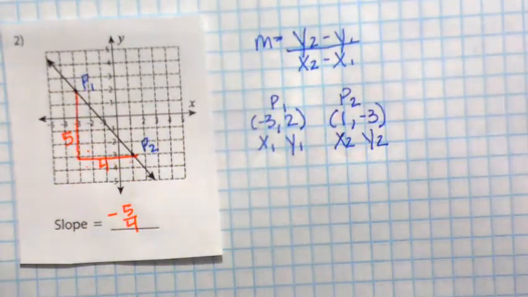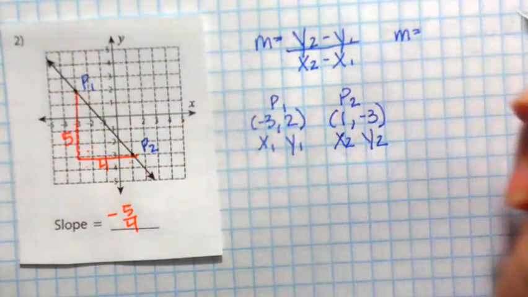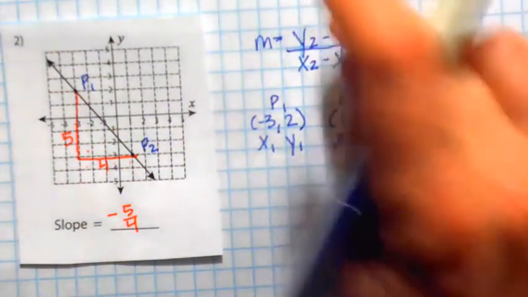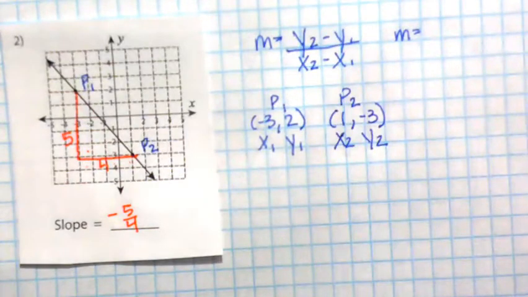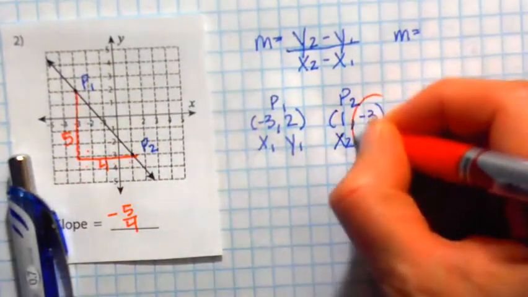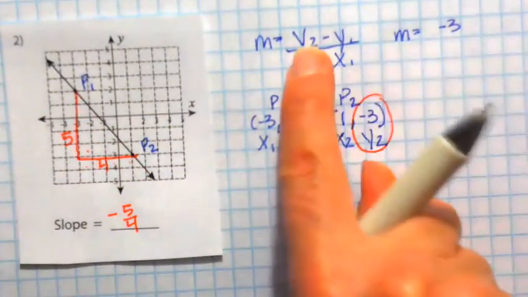Now, my only job, I got to do it carefully. It's not hard, but it needs to be done really carefully, is to take my values and plug them into the formula. So y2 is -3. I'm going to put that there.